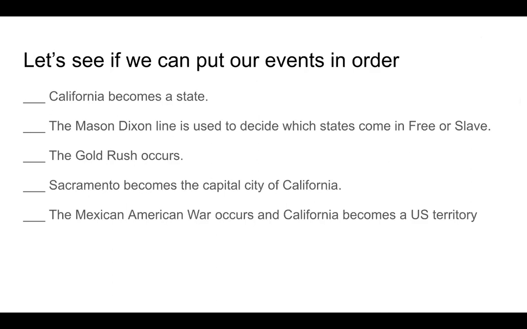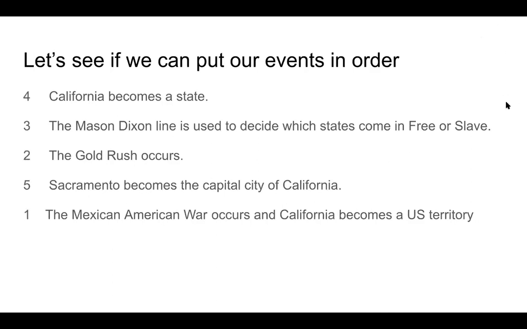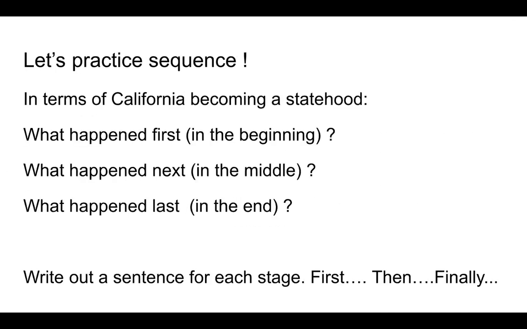And the Mexican War occurs and California becomes a US territory. So give them a minute or two to read through those and try to figure out which one comes first, second, third, fourth, and fifth. And there's your answers there. Again, this is really just to set us up to do some sequencing sentences.